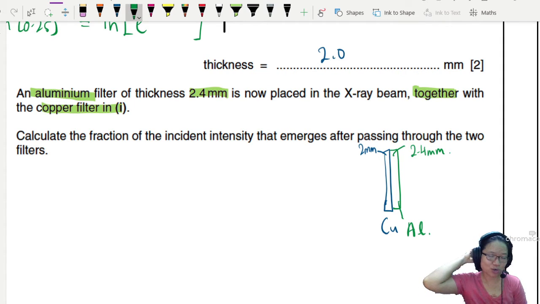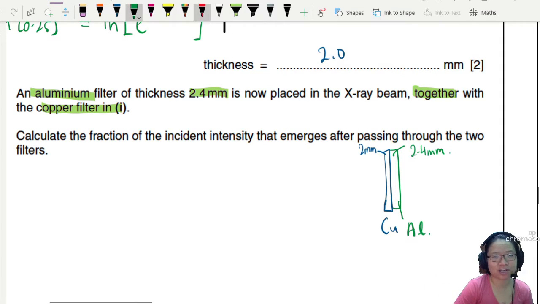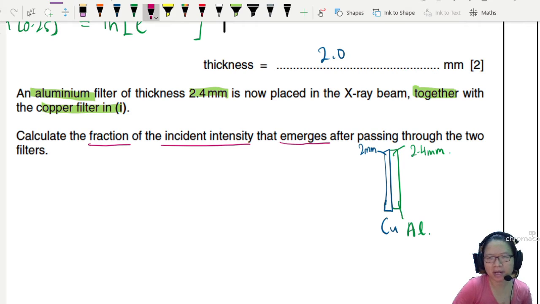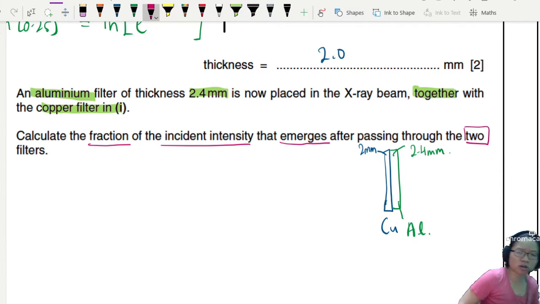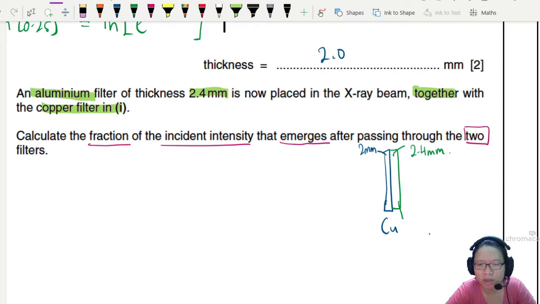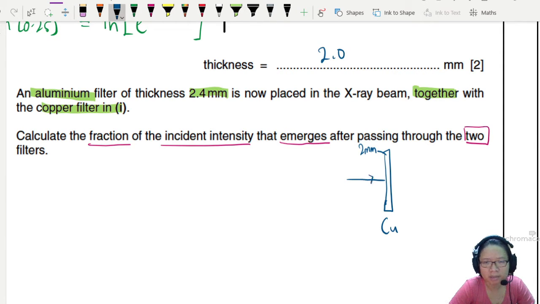They obviously have different linear absorption coefficients, mu. Right now, what they want you to find is the fraction of the incident intensity that emerges after passing through the 2 filters. So you filter 2 times. Instead of putting them back to back, I'll put the aluminium back a bit, and I'll start with I0. We're incoming with I0, and after this, what escapes here is 0.25 of I0 with this 2 mm copper filter.